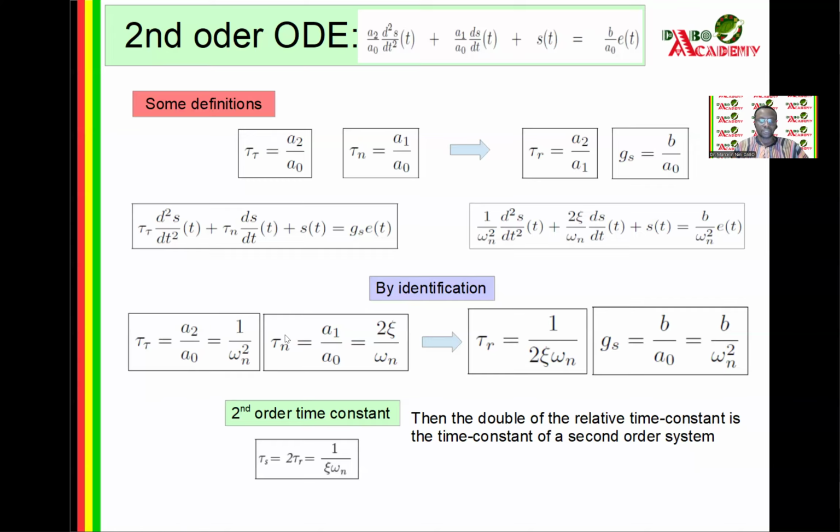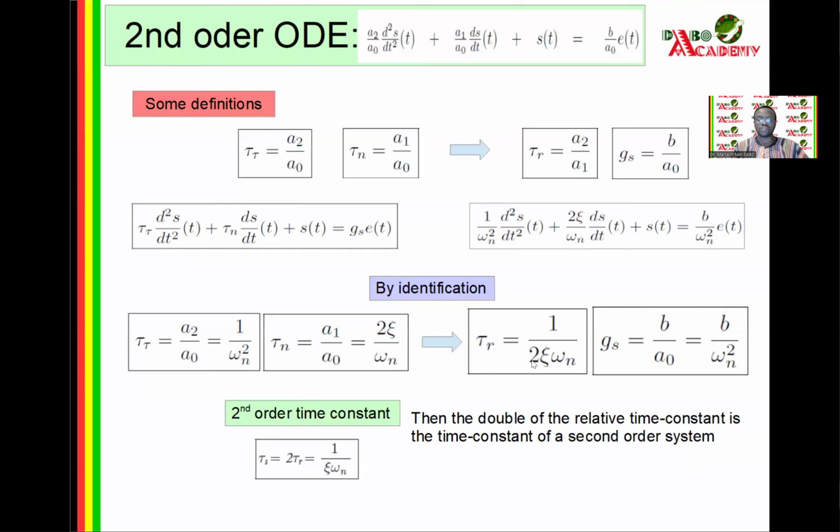The tau n is equal to A1 over A0, which is equal to 2c over omega n. By using this expression of tau r, you can see that you just multiply this by the inverse of tau n, and then omega n will be simplified. This 2c will go under, and then you have 1 over 2c omega n. This is the relative time constant, which is very important.